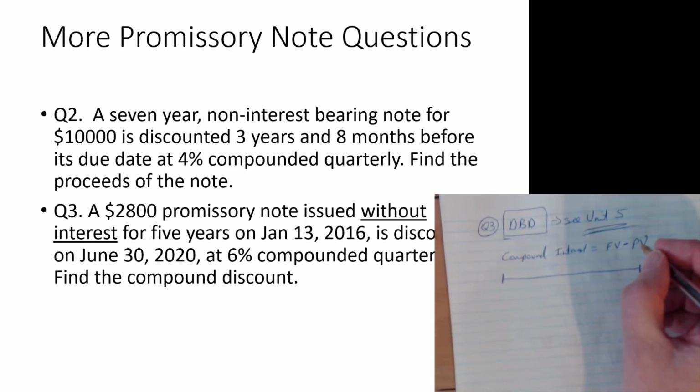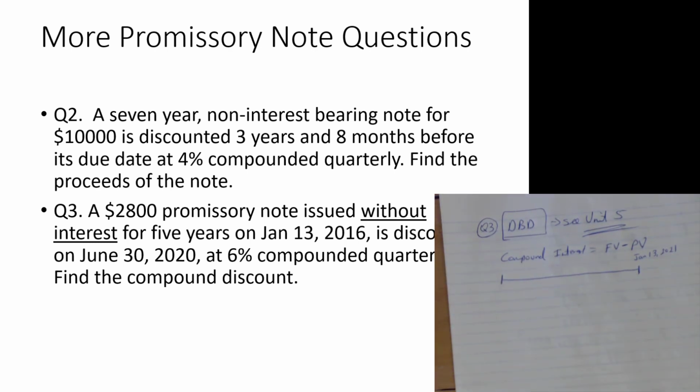What that means is that on January the 13th, 2021, 5 years from the issue date, you might ask, how come he's taking 2021 when it says 2016 in the question? You'll note that 5 years from January the 13th, 2016, which is when the promissory note matures, is in 2021. So on that date, we get the $2,800.